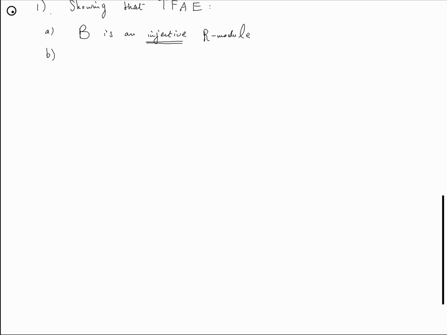Secondly, this functor is an exact functor. So in general, this is just a contravariant functor from R modules to abelian groups, or covariant functor from the opposite of R modules to abelian groups.